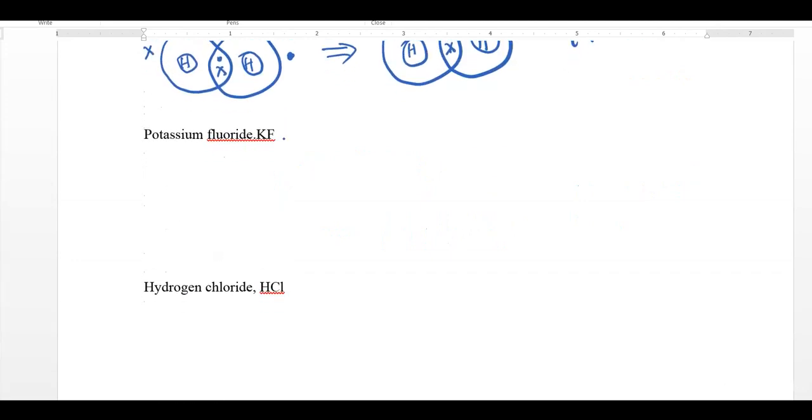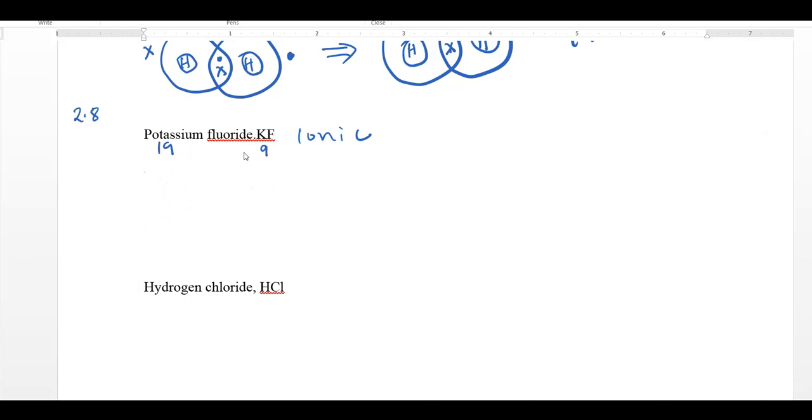Potassium fluoride. This is potassium and this is fluorine, so it is ionic. And if it is ionic, then you should know how you draw the structures of ionic bonding. So we will start: potassium is K, which is atomic number 19. Fluorine is atomic number 9.